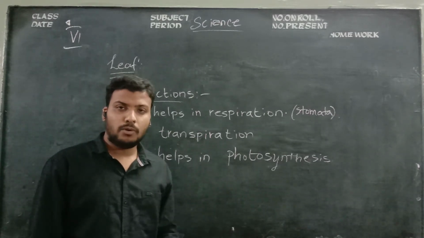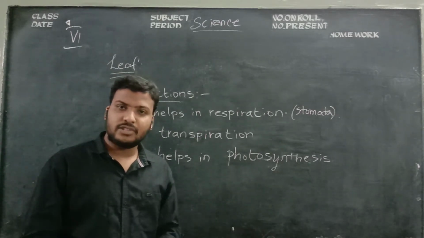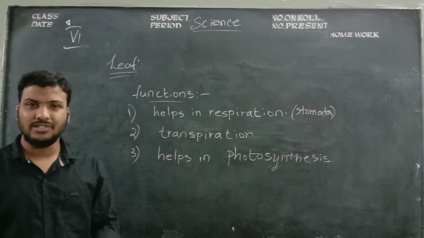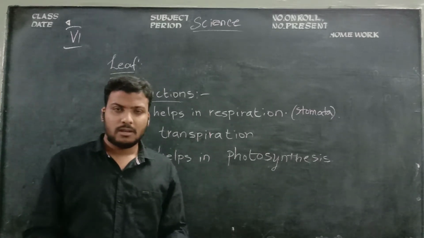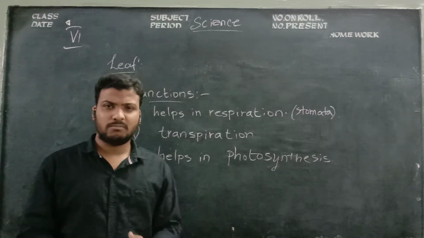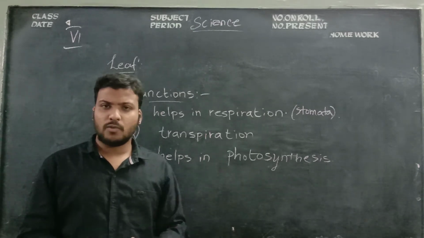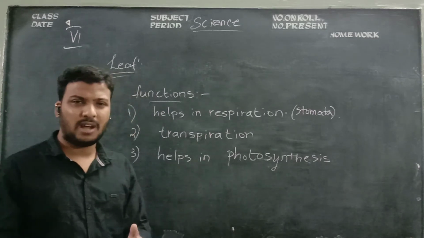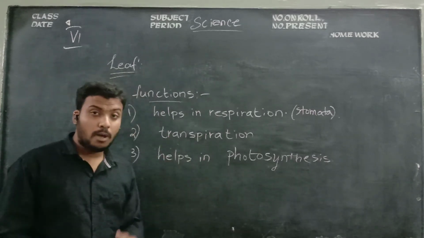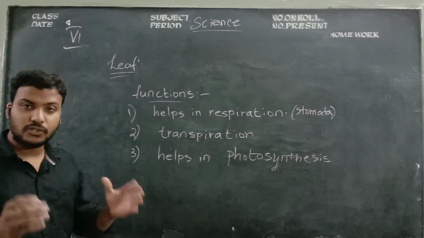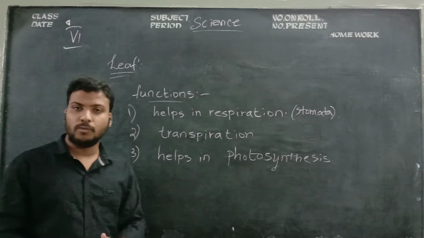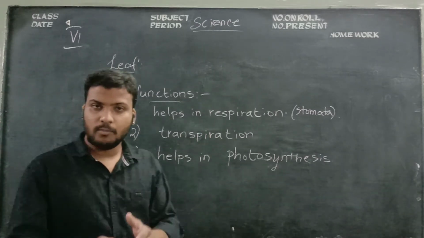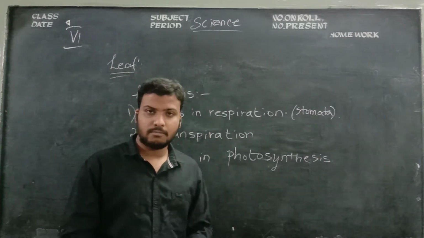Next, transpiration. What is transpiration? Children, when we drink an excess of water, we feel uneasy. Yes or no? If we drink too much water, beyond an adequate quantity, then we get uneasy like that. Like that also, if a plant takes in excess water, that should be removed, or otherwise it may die.